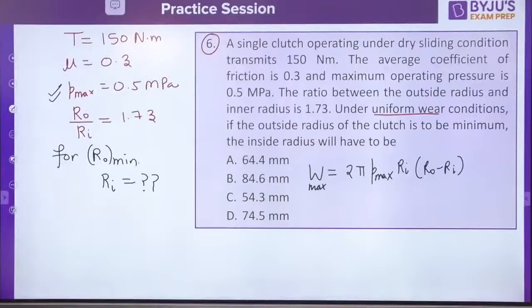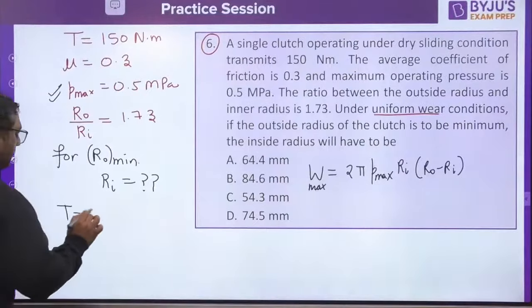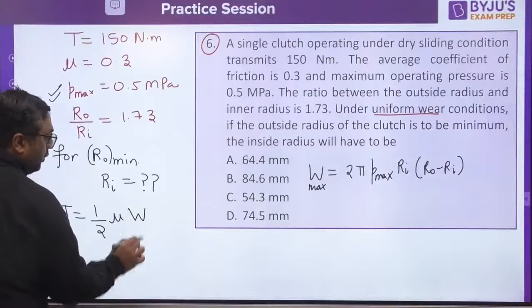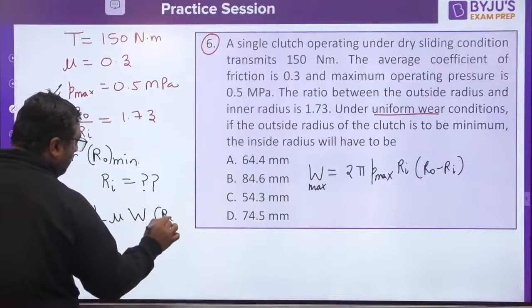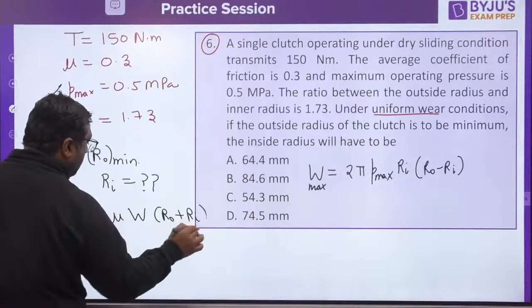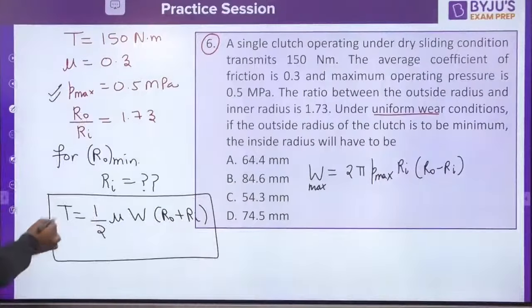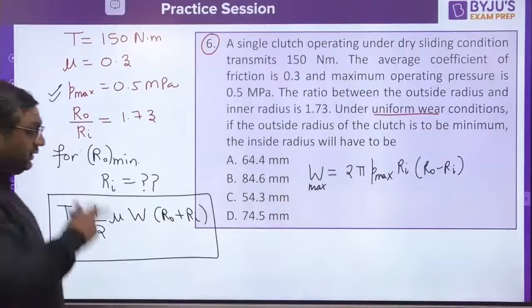And you know, torque is 1 by 2 mu W R naught plus RI. This is the frictional torque.